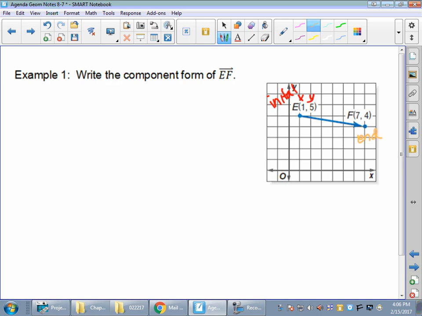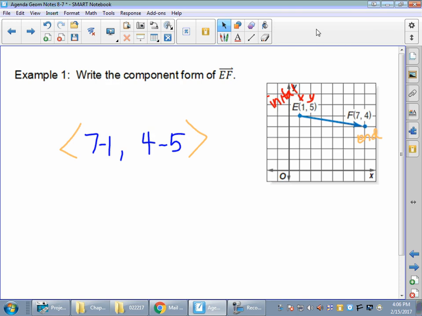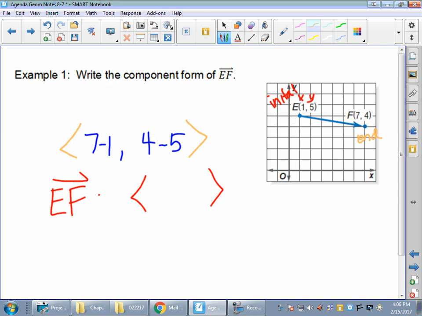That ordered pair is at 7, 4. So in order to do my component form, I'm going to have to do my 7 minus 1 and my 4 minus 5. You probably are going to do this a lot quicker, and you're going to say that the component form for vector EF is 6, negative 1.